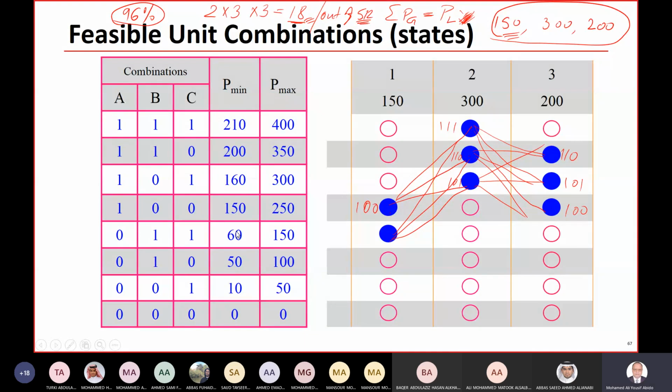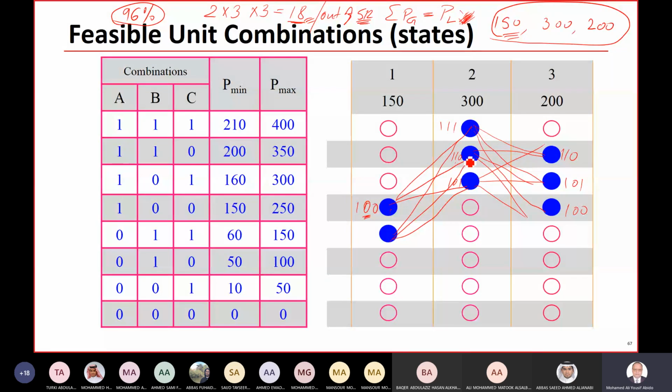And check here. If you are here, 100, and you go to this one, so this becomes what? 110. That means you switch the unit B on here. Am I right? Yes. Are you following? Yes. Right.